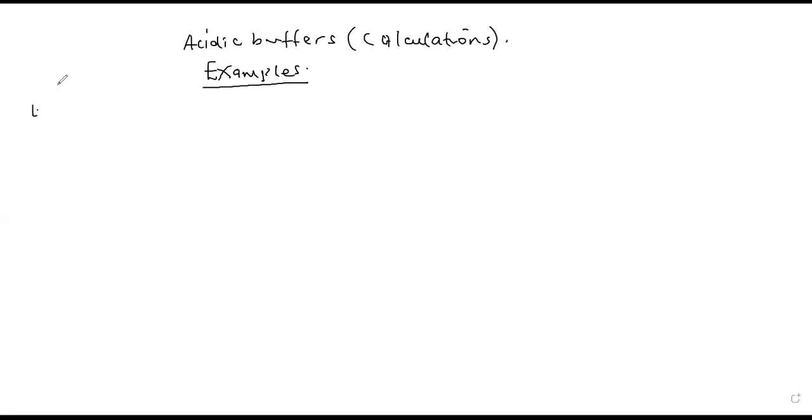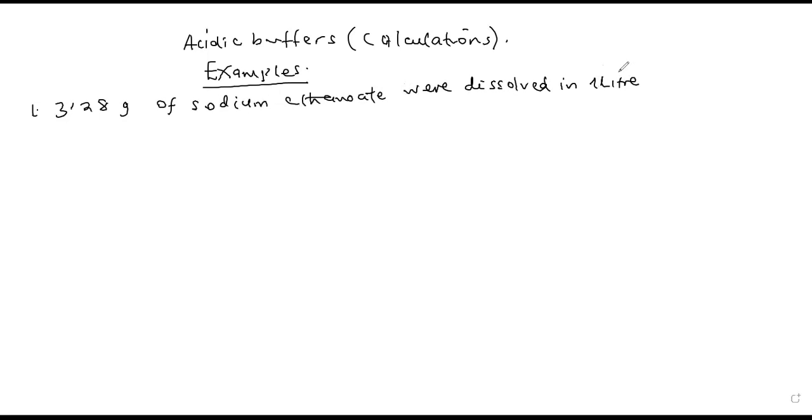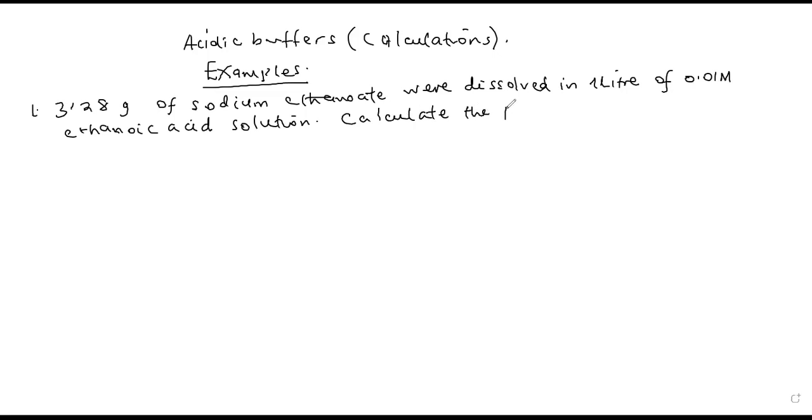Example number 1 is a question. 3.28 grams of sodium ethanoate were dissolved in 1 liter of 0.01 molar ethanoic acid solution.